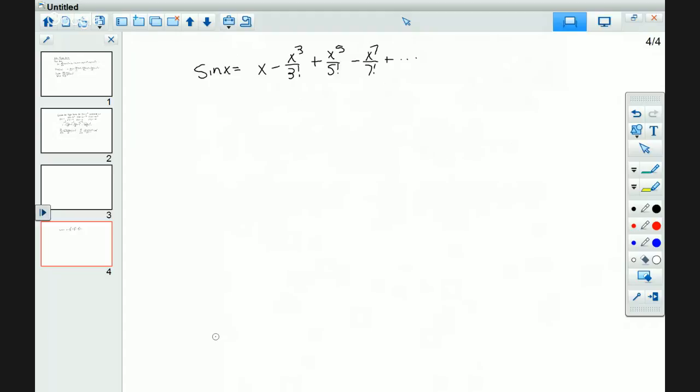Cosine x, guess what? Check this out. This is what's really cool. What's the derivative of sine? That's the cosine. Now, can we simplify this? Because there's a 3 factorial and a 3 here, right?